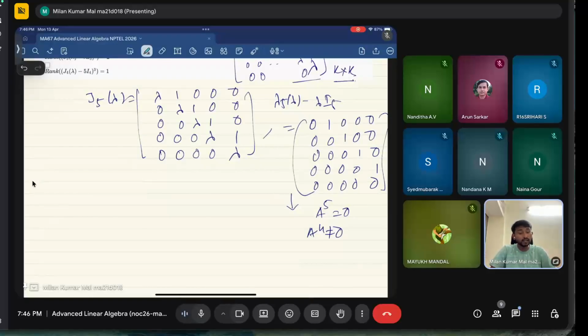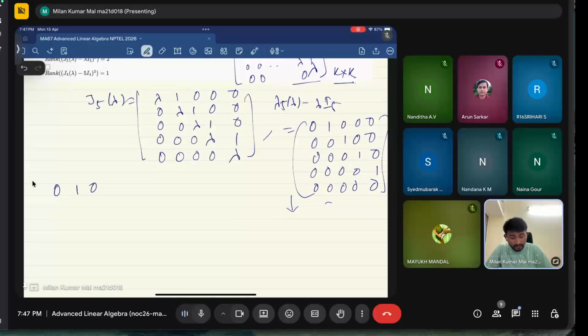This is very interesting: each time you square it, the 1s will be shifted to the upper diagonal. This is a general fact, you can use this for the exam. Let's take a 3 by 3 matrix.